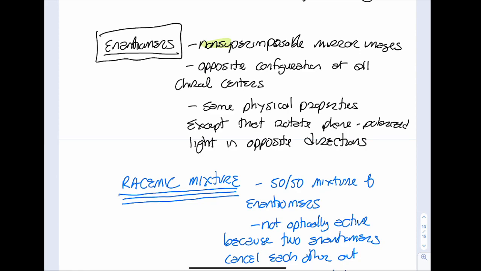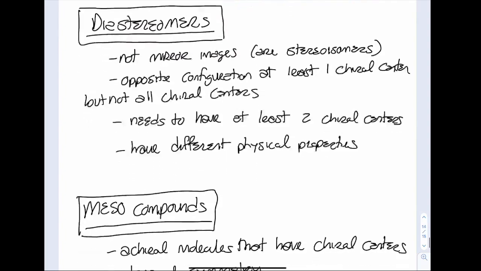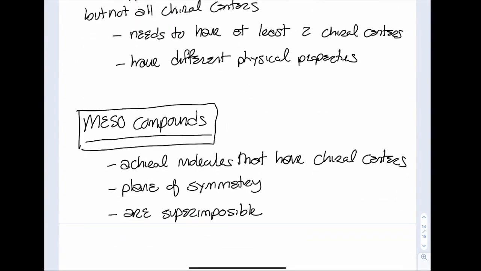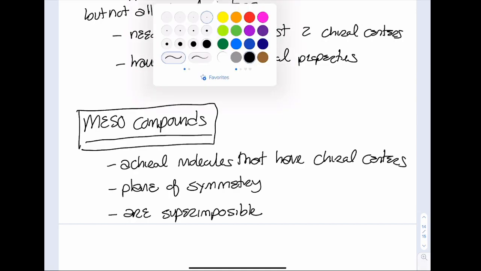These ones could be opposite configuration, but they are superimposable. They do have that plane of symmetry. So be careful not to get your meso compounds goofed up with enantiomers if you're just looking at configuration. You can't always just look at configuration to figure it out.